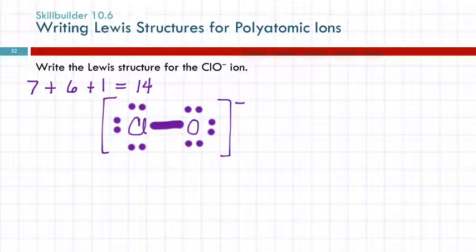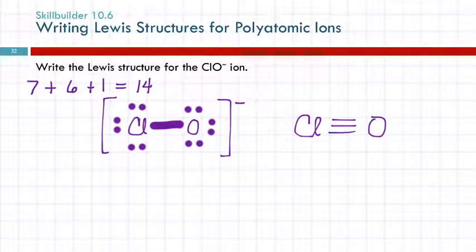Why don't you make 3 bonds? Why don't I make 3 bonds? That's a good question. If I made 3 bonds, it would be stronger. So if I made 3 bonds, so there's 2, 4, 6 electrons, 8, 10, 12, 14.